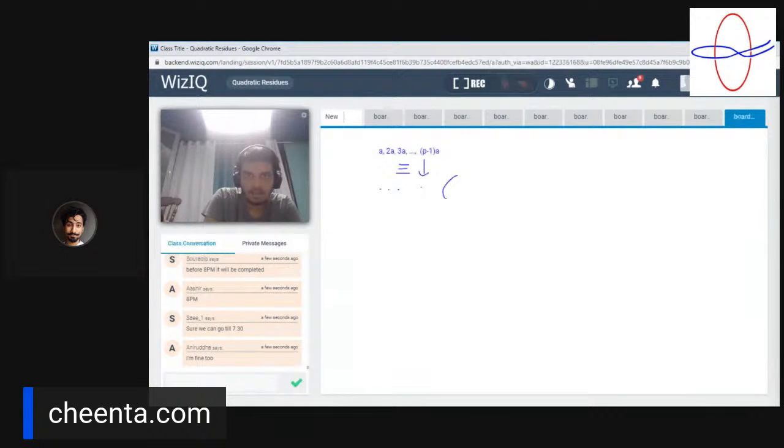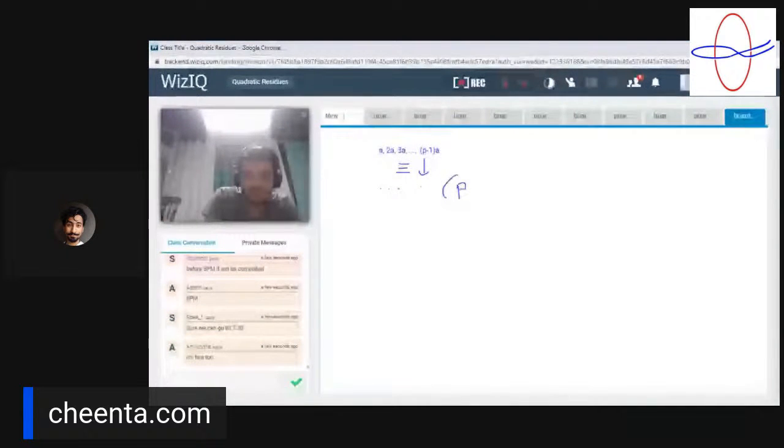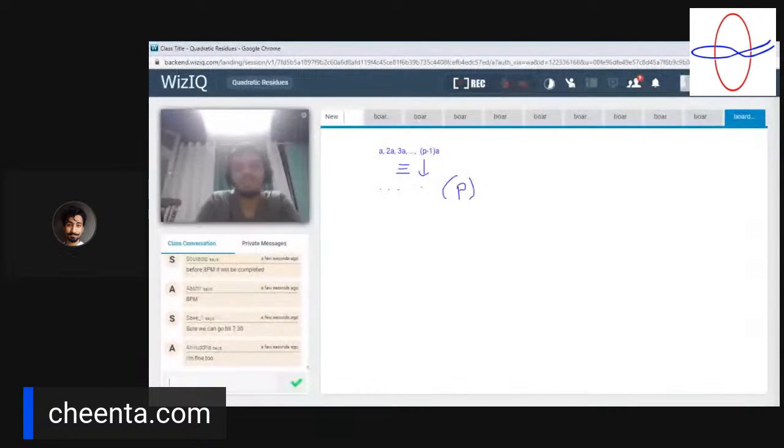Then you look at the number of such numbers which are greater than p by 2.